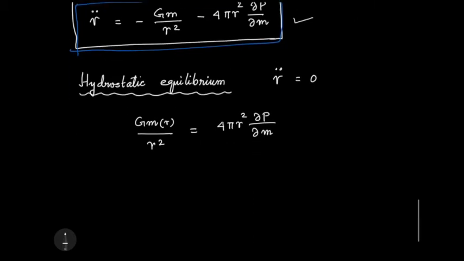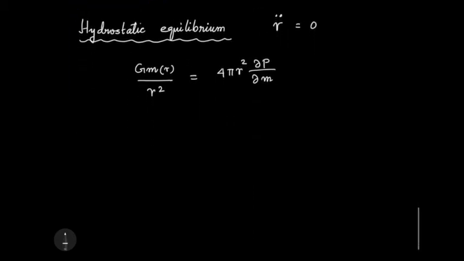I can as well write dP dm here because it's not a function of anything else now. It's not a function of time anymore. I will have a minus sign here. Or I can write del P del m, or let's write dP dm.